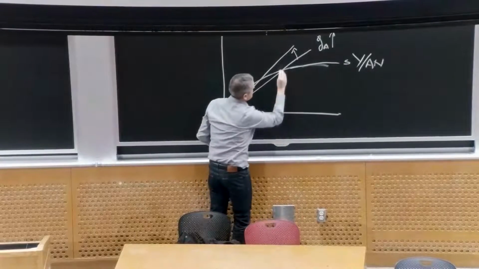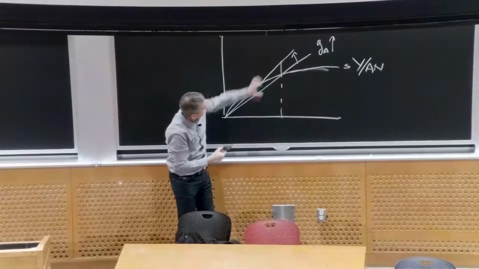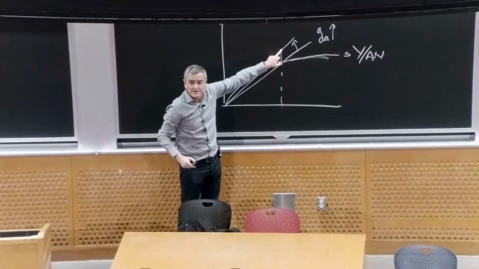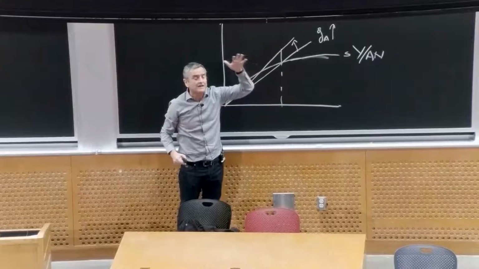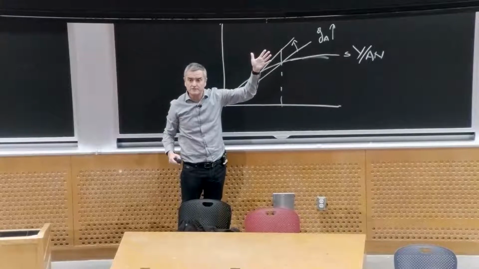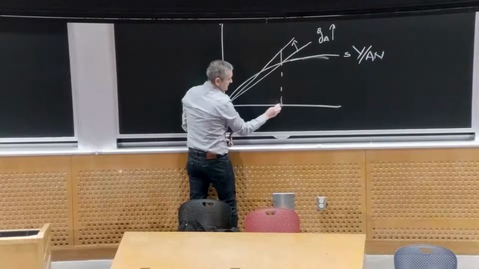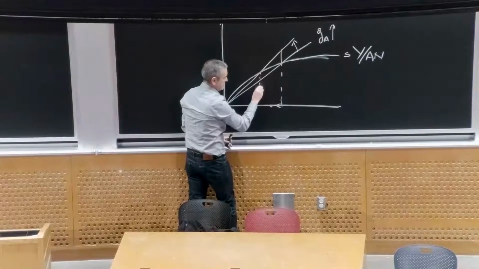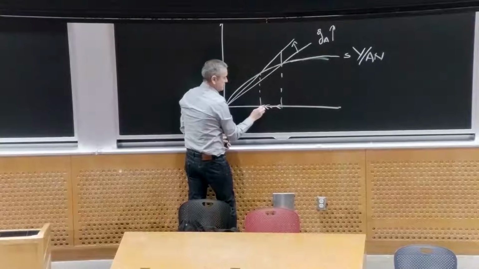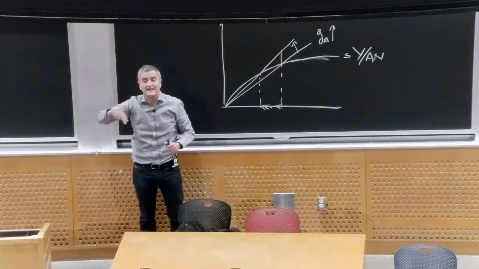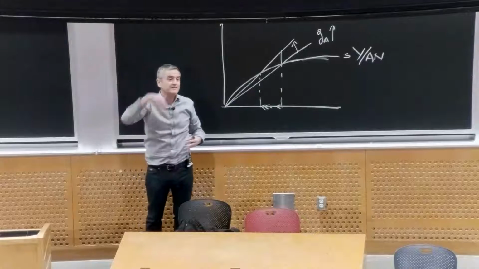So at the old steady state, what I have now is a gap between the saving in this economy, the investment, and how much I need in order to maintain capital per effective worker constant, which means that I'm going to start moving in this direction until I reach the new steady state. Okay? During this transition, I'm growing at a lower pace than in the new steady state.